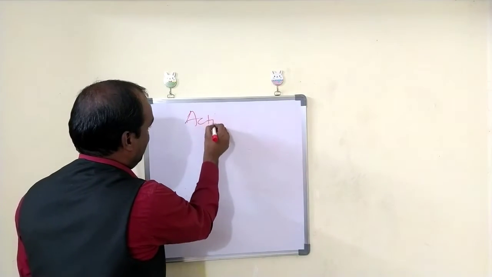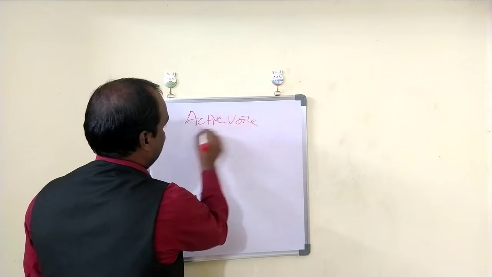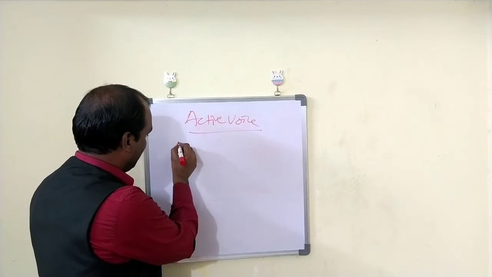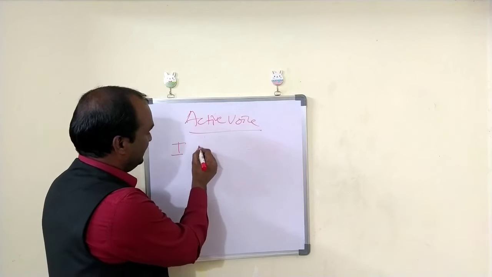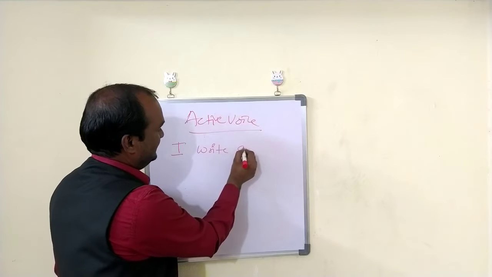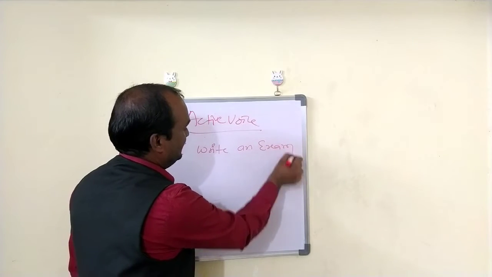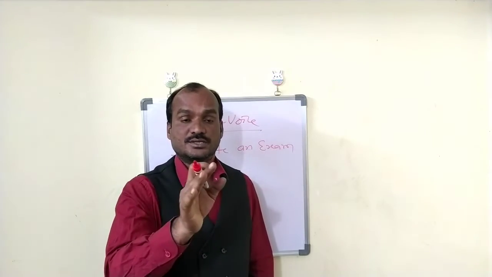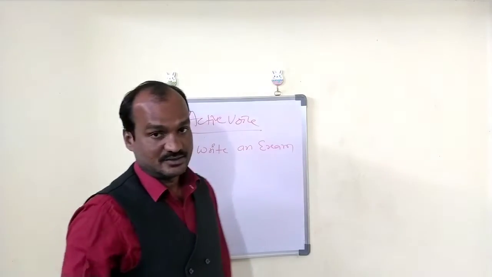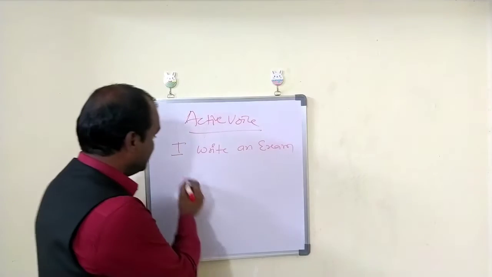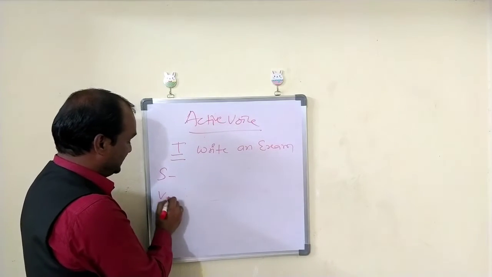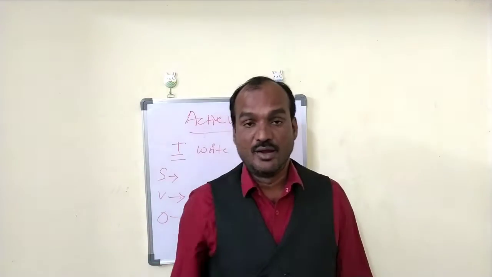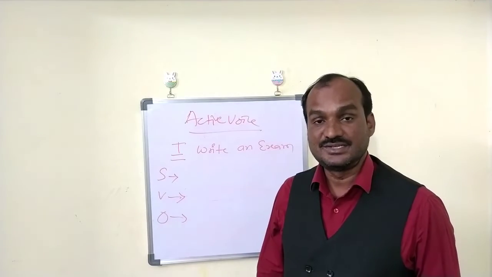So active voice. I'll write an example first: I write an exam. First thing we need to know is the basic elements of a sentence. What are the basic elements? Subject, verb and object are the basic elements of a sentence.